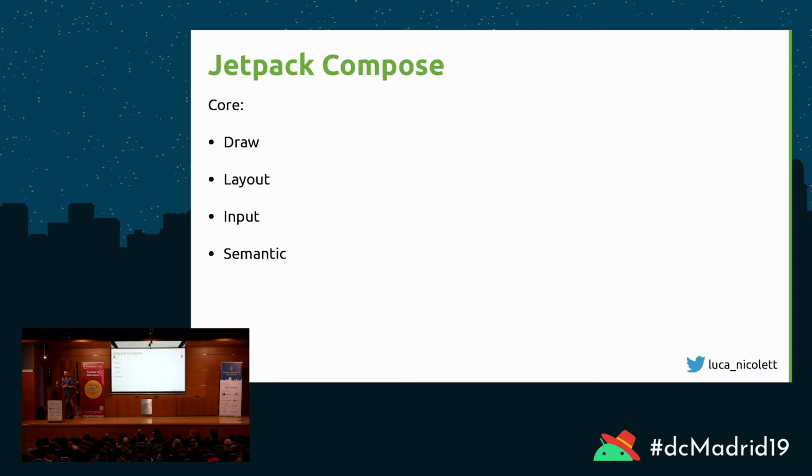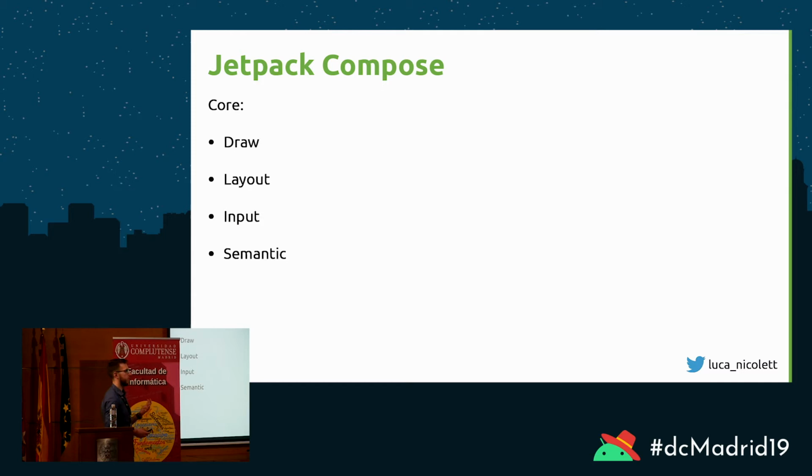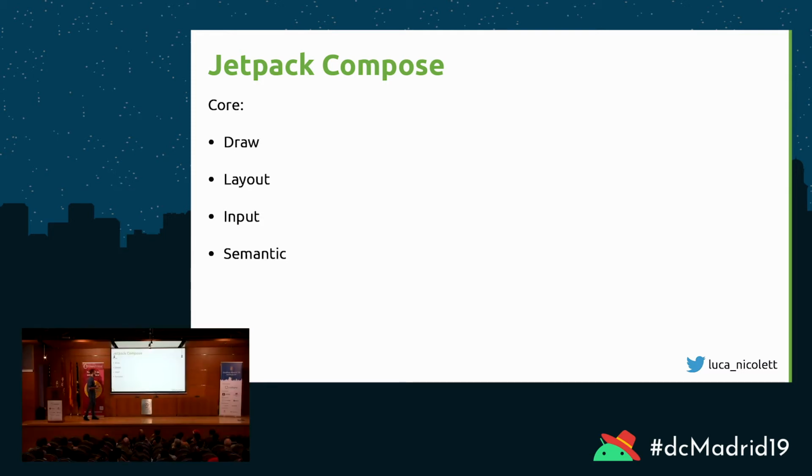The layout is used for measurement and placement of things on the screen. The input provides you input, so gestures made by the user. It can handle drag, gesture, scroll, tap, and whatever.